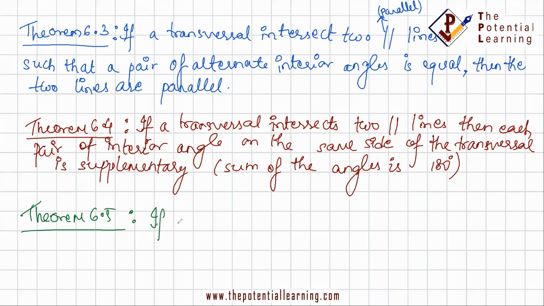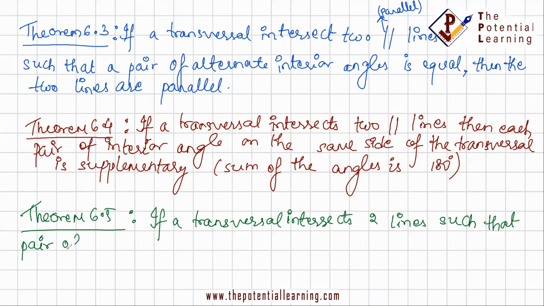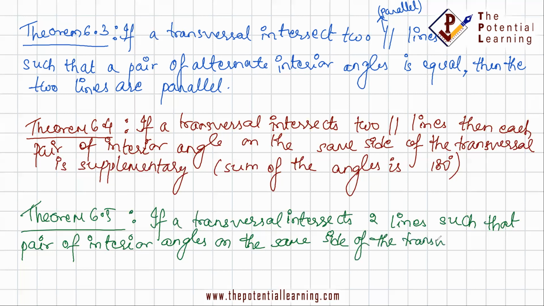So if a transversal intersects two lines such that a pair of interior angles on the same side of the transversal, you see all are converse of the previous theorem.